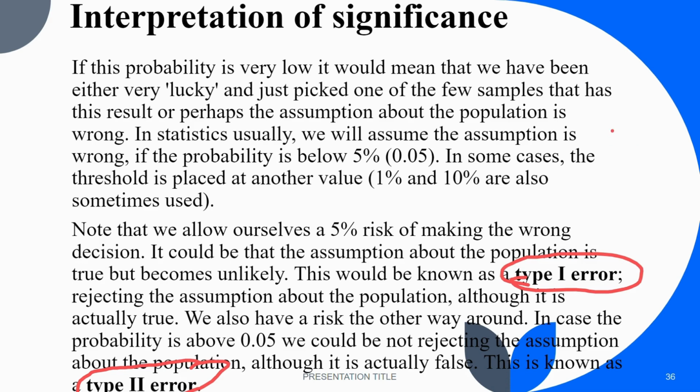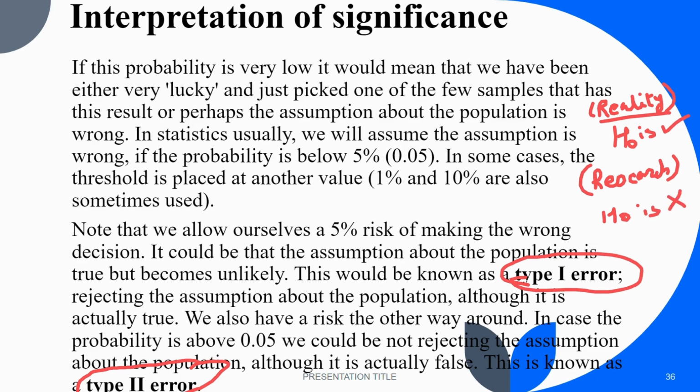That means reality is that H0 is correct, but our research is saying H0 is not correct. That means there is an error. In reality it is correct, but our research is saying it is wrong.